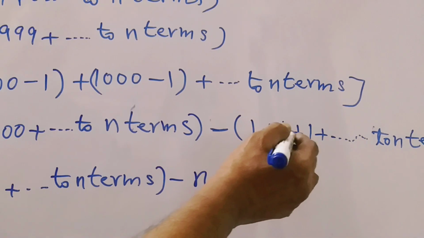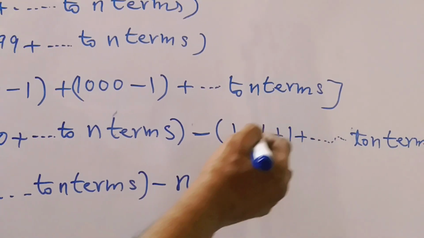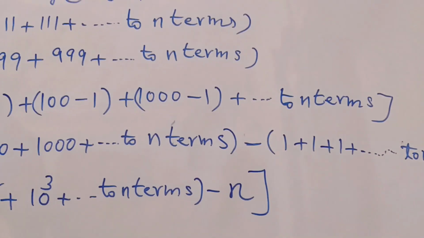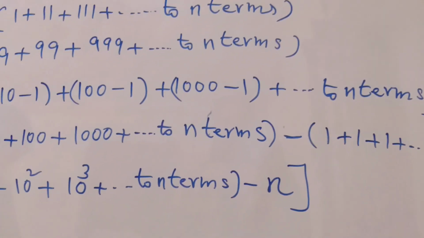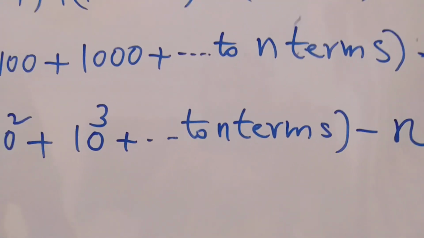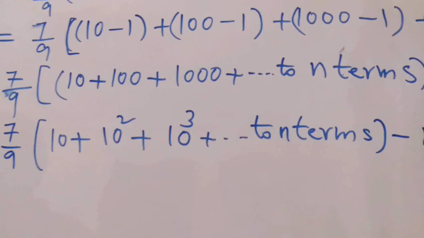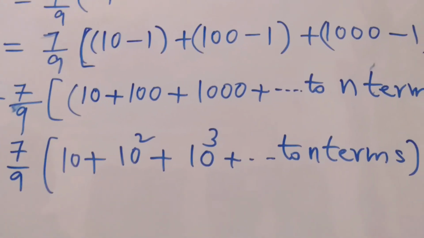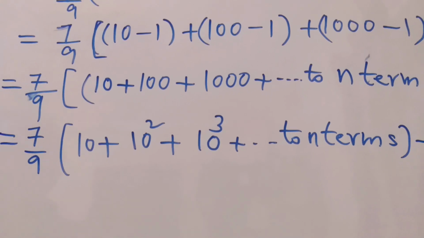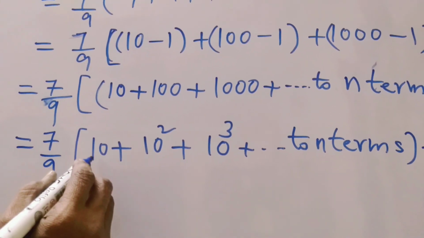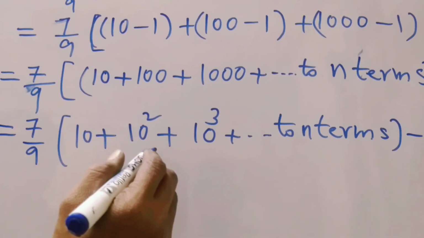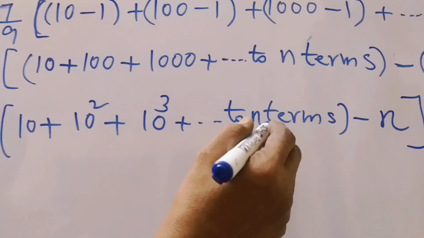So here it is 7 by 9 of 10 plus 10 square plus 10 cube plus and so on up to n terms, minus n.